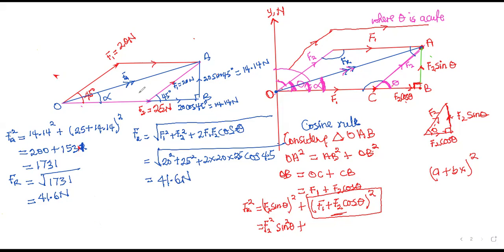So you can resolve it into a parallelogram and later apply Pythagoras theorem, or use the formula straight away. Let's look at the angle. Tan of alpha is the opposite, which is 14.14, divided by the adjacent, which is 25 plus 14.14.